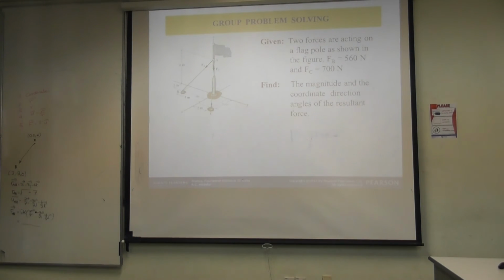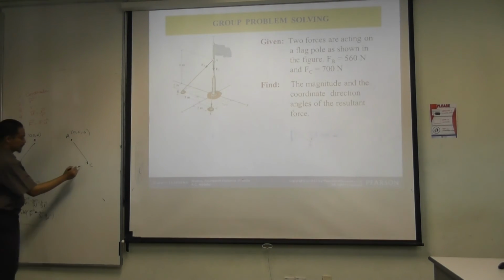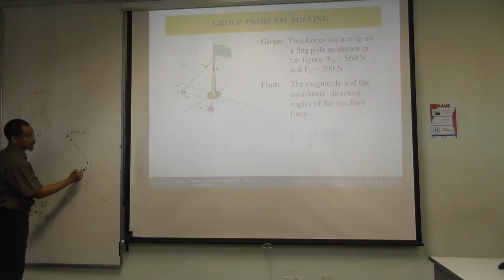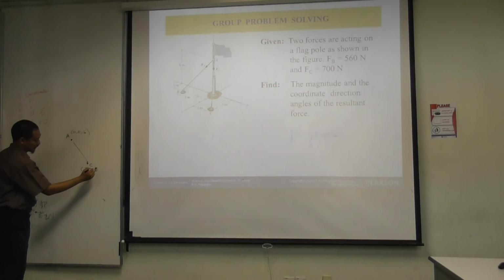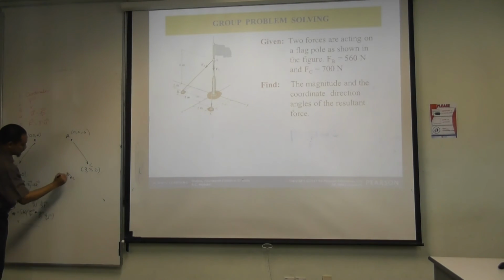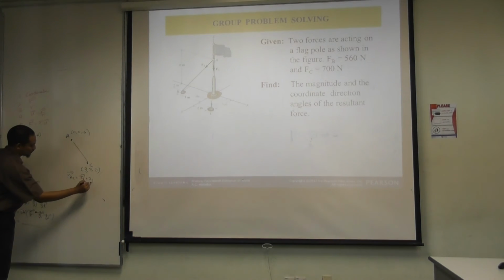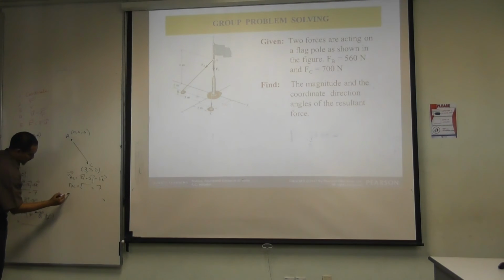What about AC? So point A to point C. A is again 0, 0, 6. C is 3, negative 2, 0, right? So r AC is 3i plus 2j minus 6k. The magnitude of r AC is 7 there.